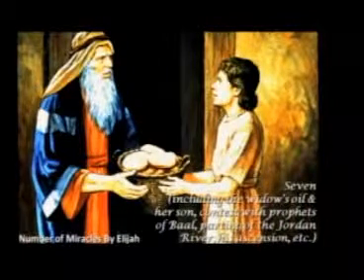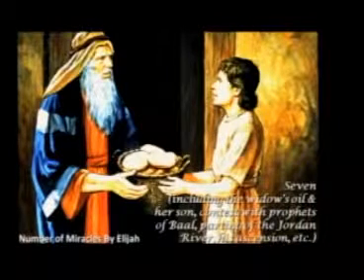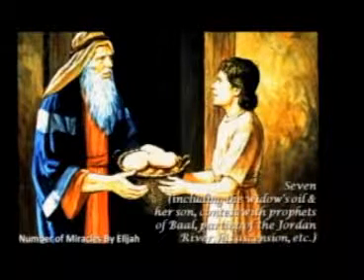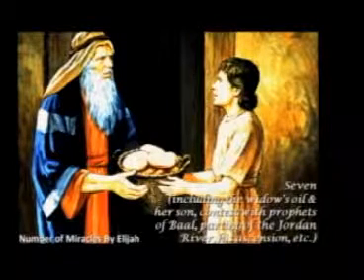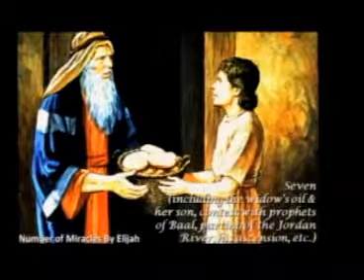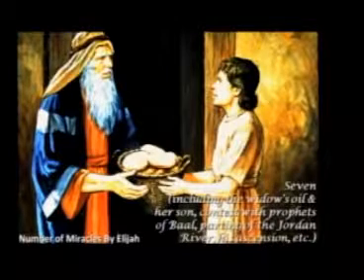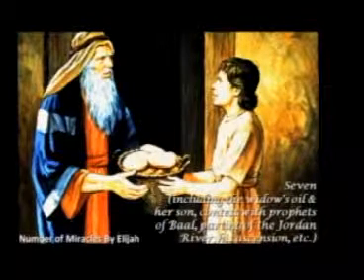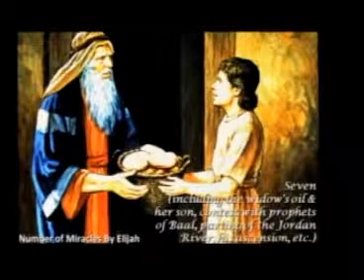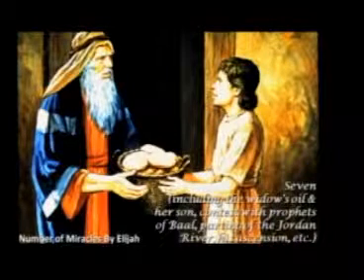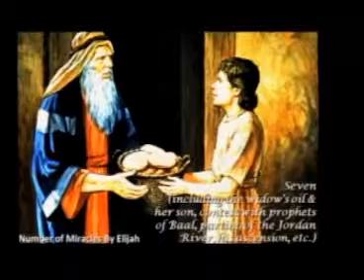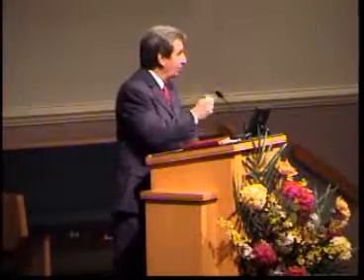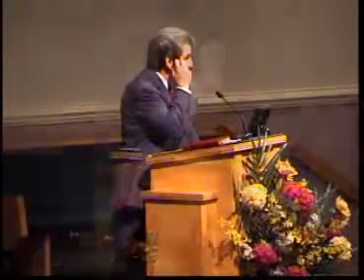Actually, he smote the waters with his garment and walked across the Jordan River. Red Sea under Moses, Jordan River under Joshua, and the Jordan River under Elijah. And guess what? Just a few hours later, the Jordan River opened up again and Elisha walked back across the Jordan River.